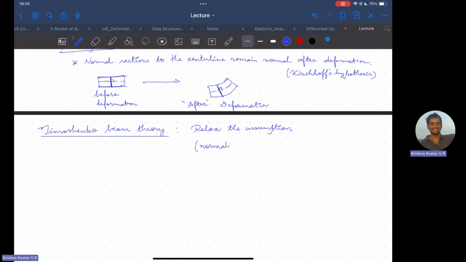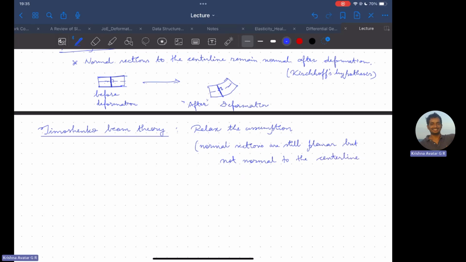Normal sections are still planar, but not normal to the central line after deformation.